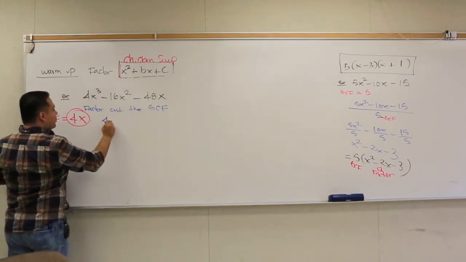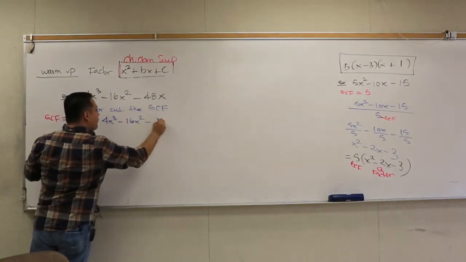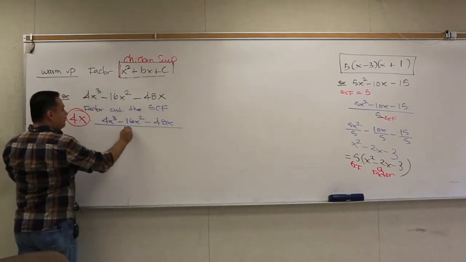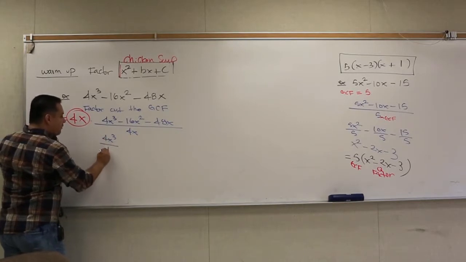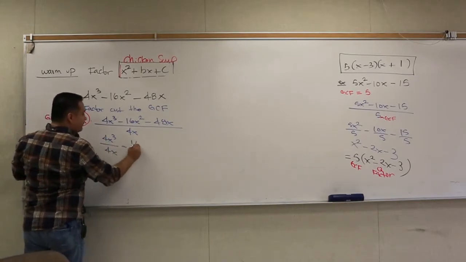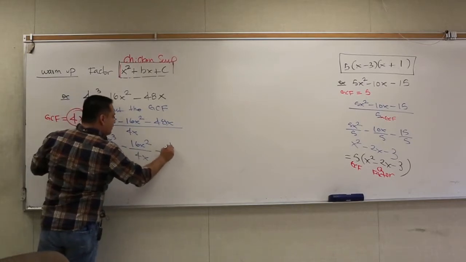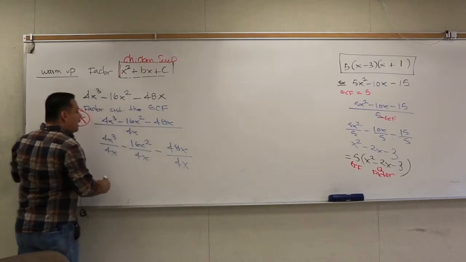You take 4x cubed minus 16x squared minus 48x. Divide by what? X, you get what? 4x cubed over 4x, minus 16x squared over 4x, minus 48x over 4x.